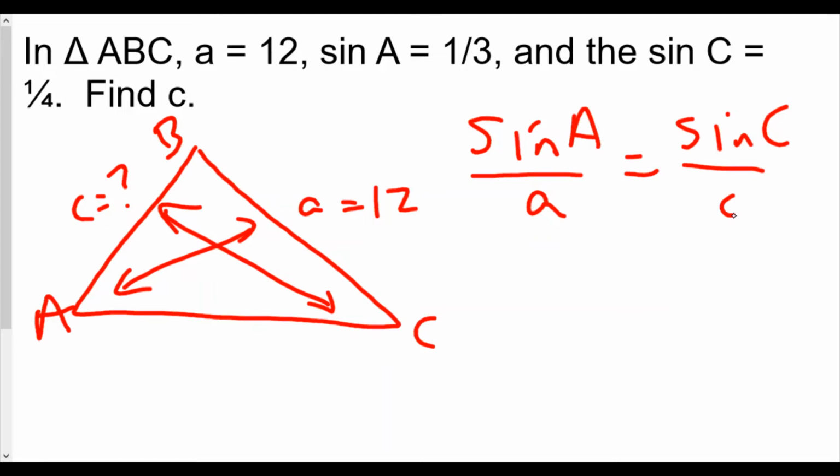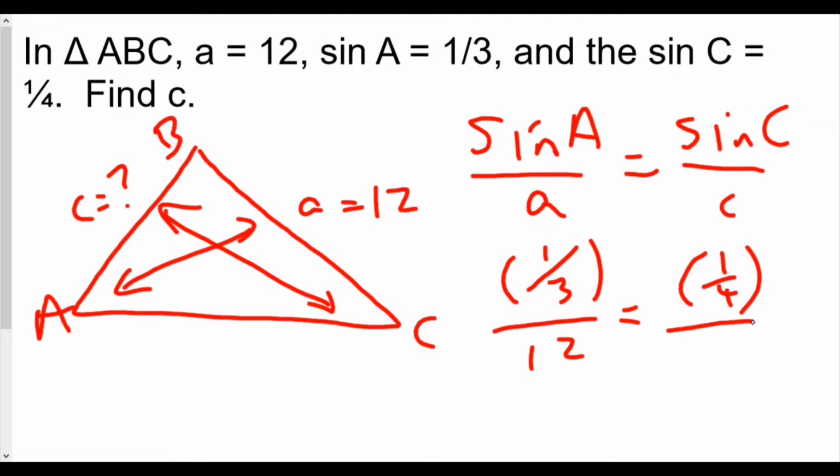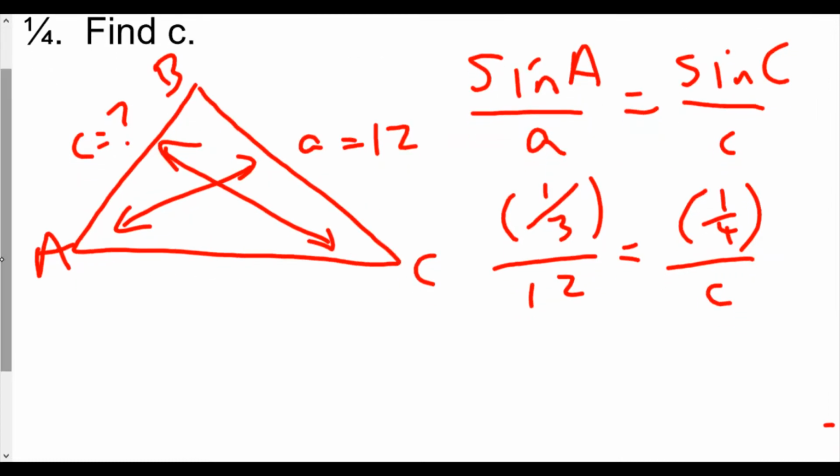Now, here they don't give you angle measures, they give you values to work with. So the sine of A is 1/3, so I'll put 1/3 over 12 is equal to the sine of C, which is 1/4, over c. Now we cross multiply.